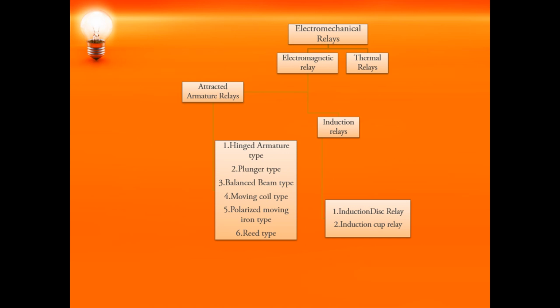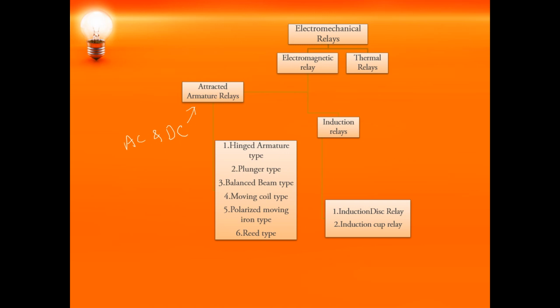This attracted armature type relay is simple in construction as well as in working. It will respond to both AC as well as DC. The working principle is we need to produce the electromagnetic force. This electromagnetic force is produced by the magnetic flux.